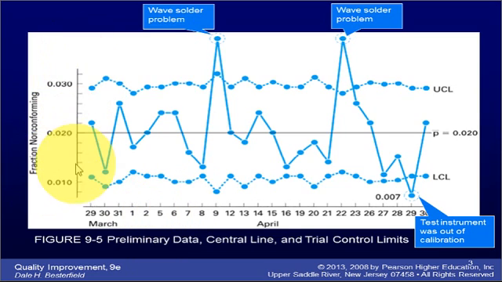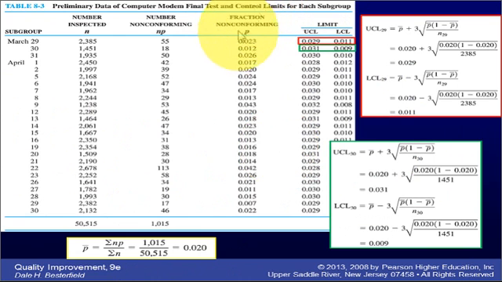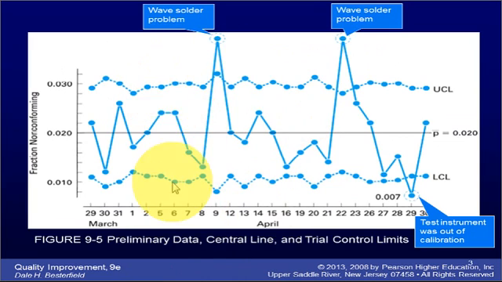On the vertical axis, it reports the p-value associated with each subgroup, that is, the fraction of non-conforming that you computed, which is drawn on the chart. And then you draw the UCL and LCL for each of your subgroups. So this is what a typical p-chart with variable subgroup size looks like.